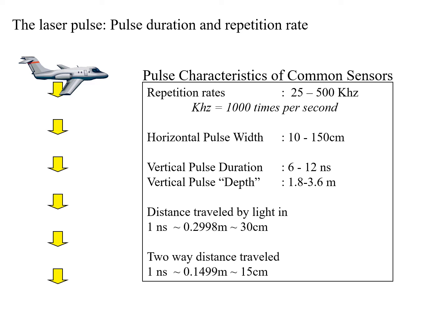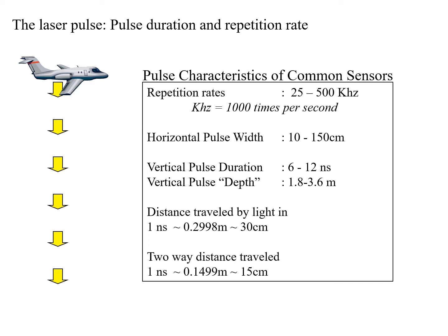And that vertical duration can be between 6 and 12 nanoseconds. Now, that duration is associated with a depth. So for instance, the 6 to 12 nanoseconds is converted to a pulse depth of 1.8 to 3.6 meters.